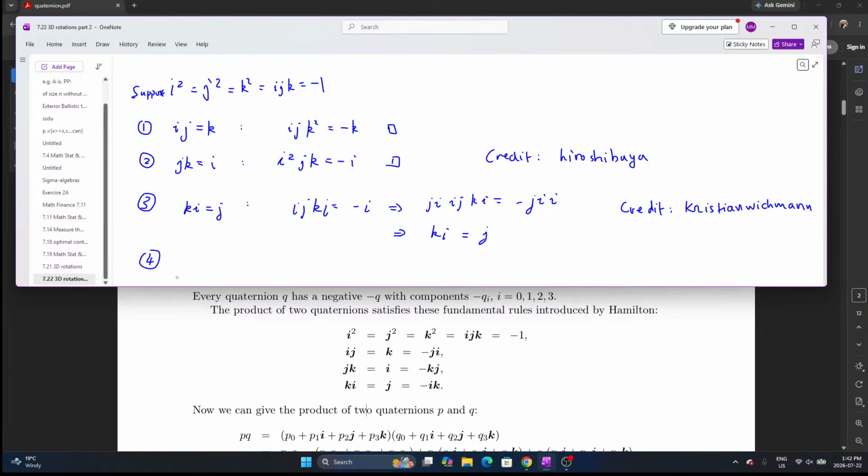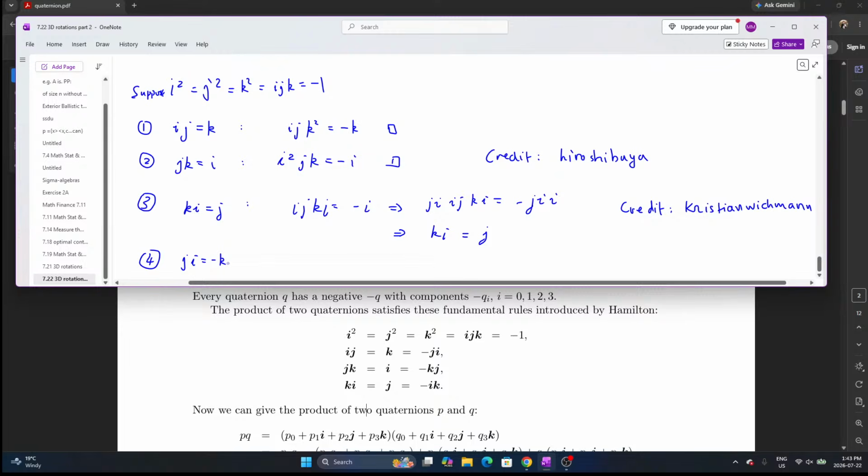Continue. So we have the left part, and now we need the anti-symmetry. So how do we get the anti-symmetry then? We want ji. So ji should be minus k. Now the right side identity.